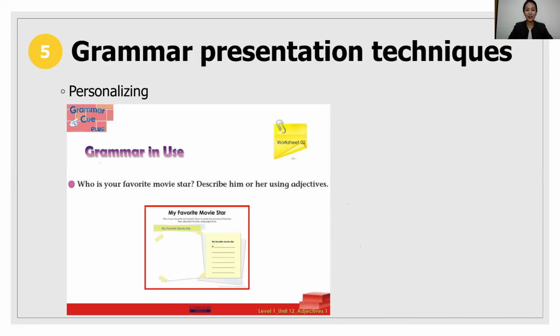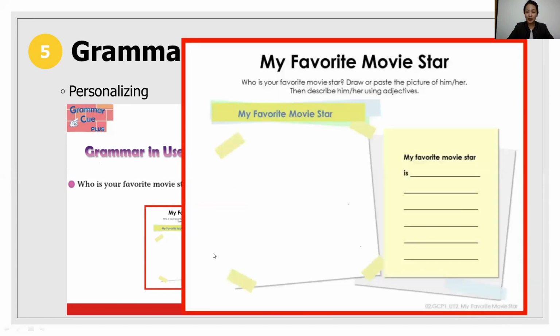So students will answer about the movie star they like, and they can draw a picture and explain it. You have to make sure they use the target grammar, as you can see: describe him or her using adjectives. Maybe at this time, they are learning about adjectives in the classroom.